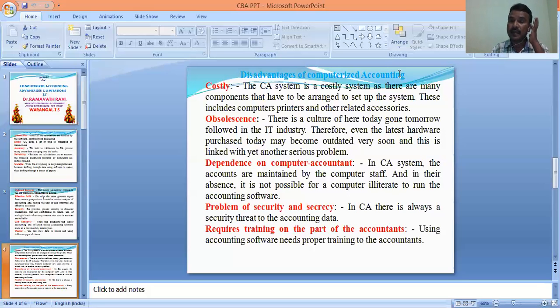And lastly, it requires training on the part of accountants. Training is very essential. Actually, the organization requires certain skills, and the employee's skills are not matching.